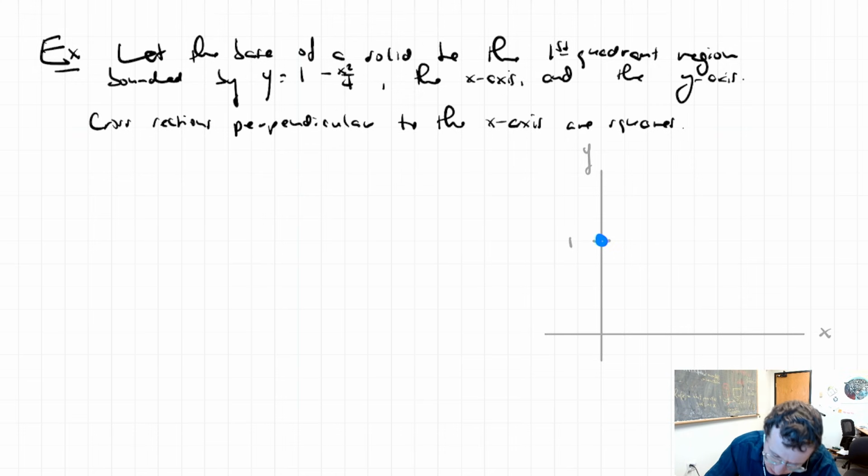It has a y-intercept of 1. The x-intercepts are going to be 2 and negative 2, and I would find that by setting 1 minus x squared over 4 equal to 0. It's going to look something like this. So here's my region.